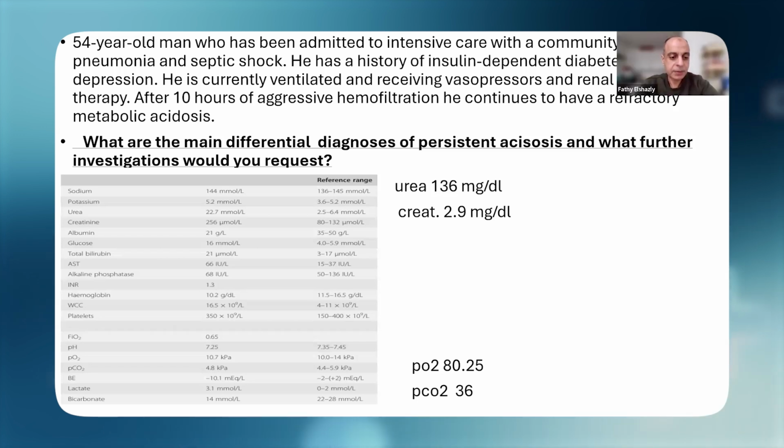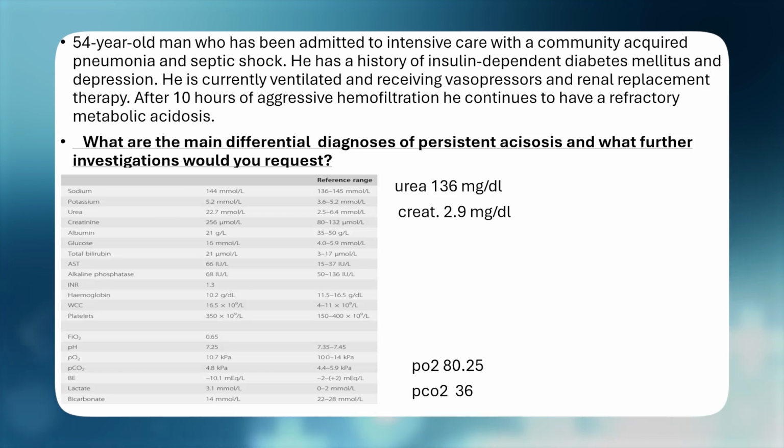Great. What else? Chloride values are not available. Very good. Because it's insulin-dependent diabetes mellitus, I would like to calculate the anion gap, and albumin might be useful. Oh, we've got the albumin here, which is low, which will help in calculating the high anion gap acidosis.